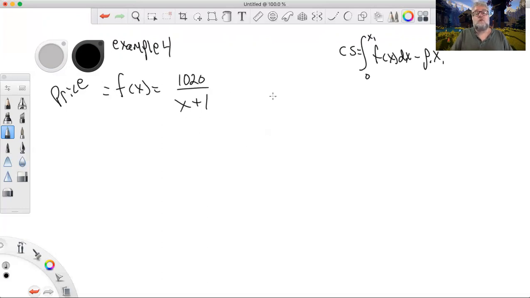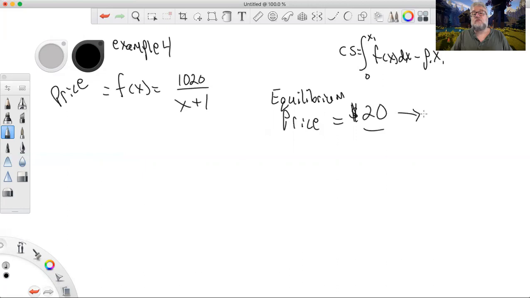And we're also told that the equilibrium price is equal to $20. So knowing this lets us solve for the number of units we can sell at that price based on this function and the supply-demand curves.